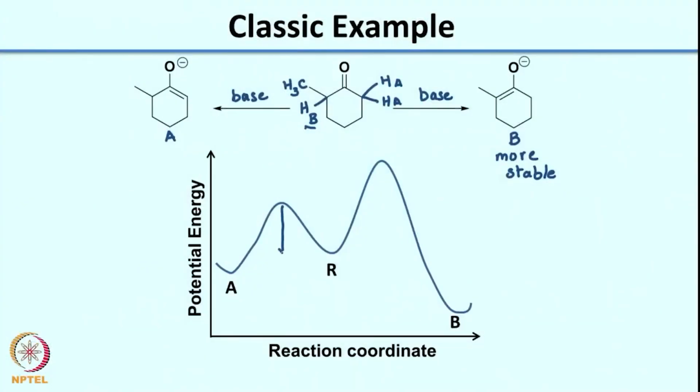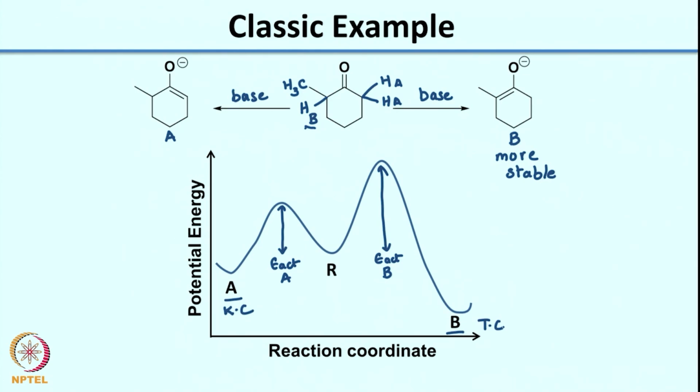So which is why the activation energy for formation of A is less than the activation energy for formation of B. What does that mean is essentially the case here? A is formed under kinetic control and B is formed under thermodynamic control.